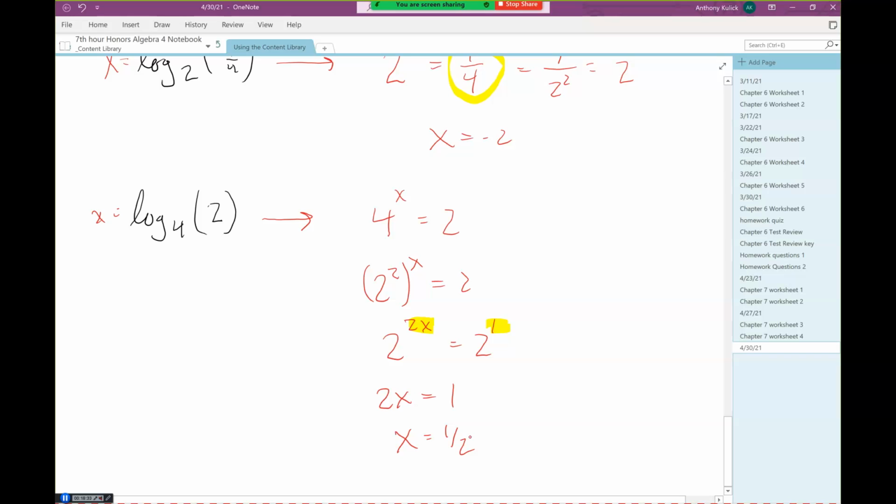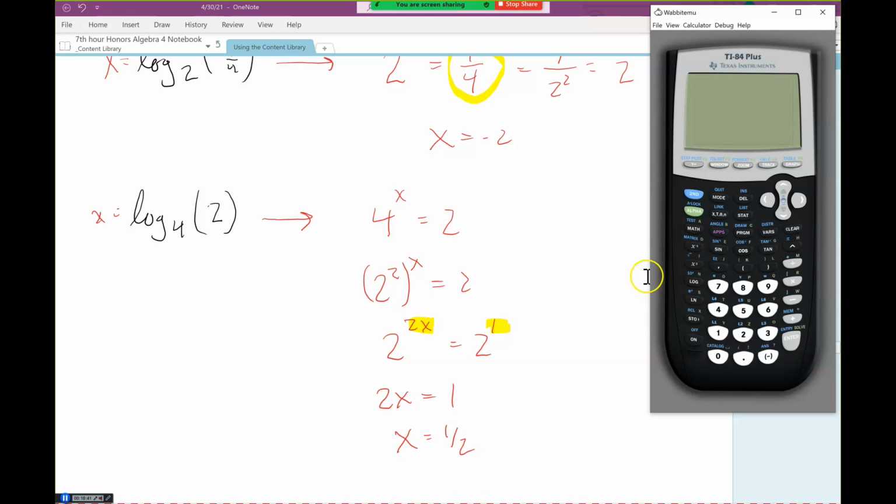Now, I want to point out to you that your calculator can handle this stuff as well. So if you take a look at your graphing calculator, if you look in the math button, and look down at the bottom of the math menu tab, you'll see a command called log base.